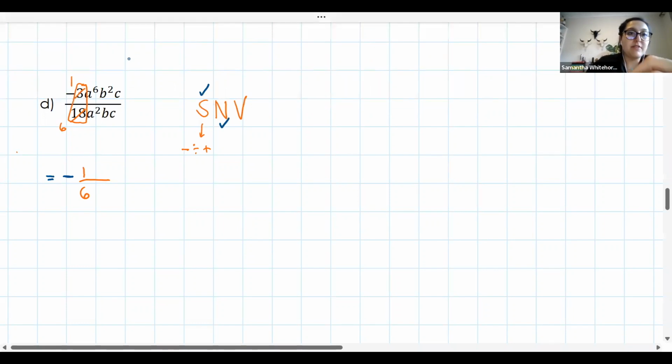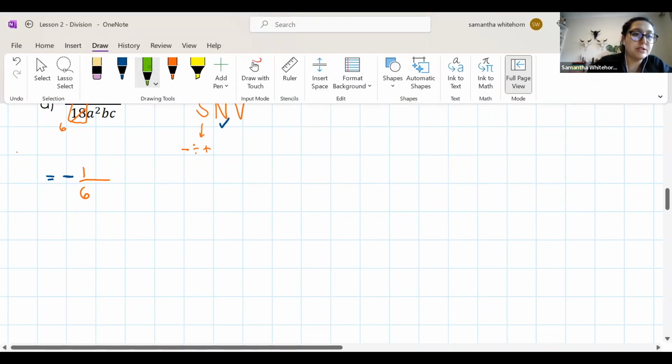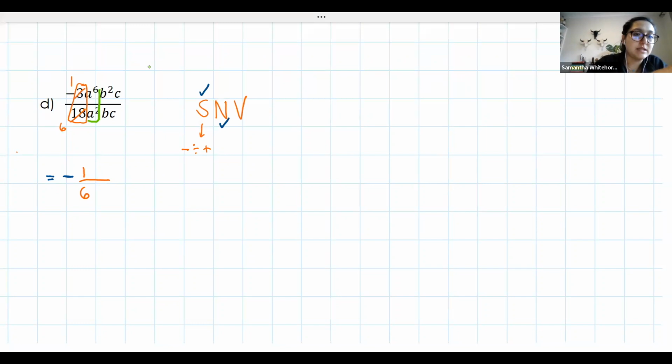Now I go to my variables. Now remember, the variables, you can only deal with the same bases. So I've got a to the power 6 divided by a to the power 2. I subtract the top from the bottom. That leaves me with a positive exponent of 4. The bigger exponent is in the numerator, so that's where I put my answer.